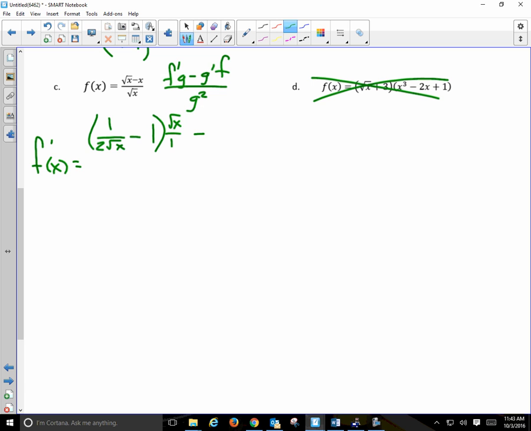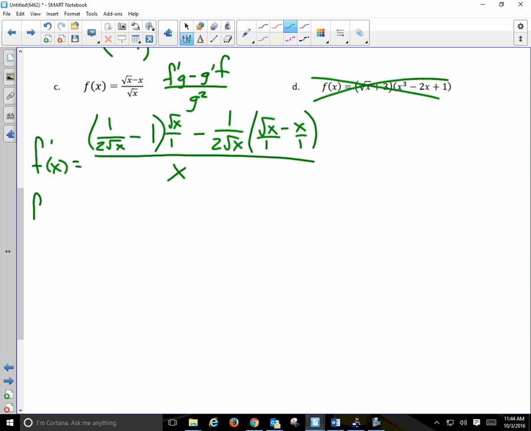Over 2 roots of x. Well, it's just the root of x, right? So I just wrote over 1, so that when I multiply through later, times root of x minus x, each of those over 1, divided by x, because if you square the square root of x, you get x.